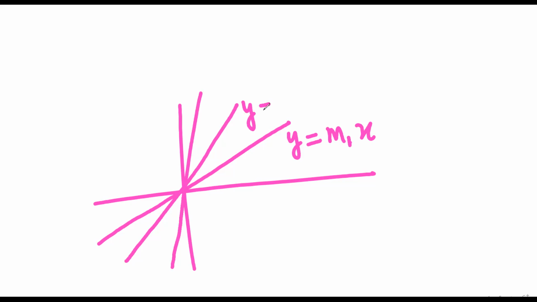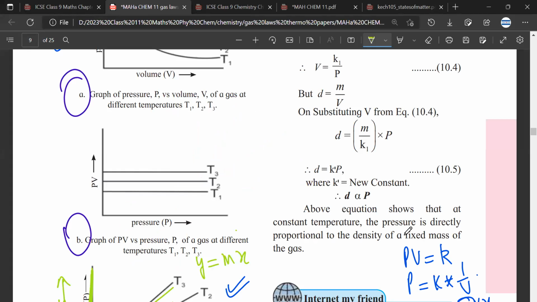This would be y is equal to m2x, and this would be y is equal to m3x. The general equation remains the same because the lines pass through the origin, but the slope changes. Any doubt, Miss Avantika? No. You should be very clear about the graphs because this would be very helpful for us in the competitions. And this is the third graph.